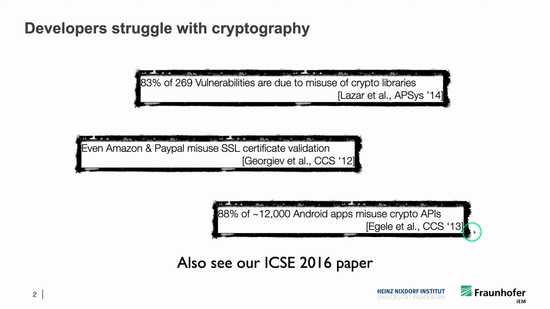And then there was another study back then which showed that also Android apps in particular misuse crypto APIs in almost every single case. And we ourselves actually published a paper in 2016 at our flagship conference ICSE that tried to go a little bit deeper and looked into why is this actually the case, what are developers struggling with. And I will still be talking a little bit about this later.